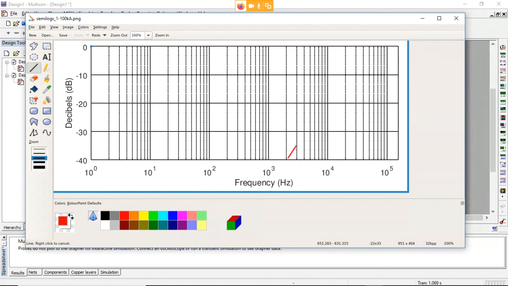This value is 2,000, 3,000, 4,000, 5, 6, 7, 8. So right here at this value is 8,000. Okay. And so we want to go at 0 dB.